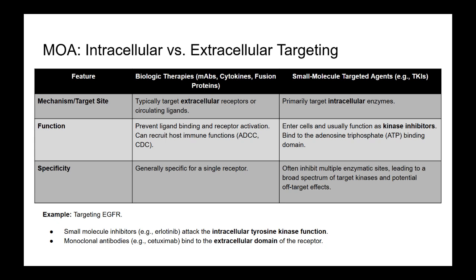By binding to the receptor's external domain, think of cetuximab blocking the epidermal growth factor receptor, EGFR, they physically prevent the natural ligand, the normal signal, from attaching and activating all the downstream signaling inside the cell. So they just lock the loading dock door from the outside, stopping the signal before it even gets started. That's the perfect analogy. They stop the signal transmission from the outside in.